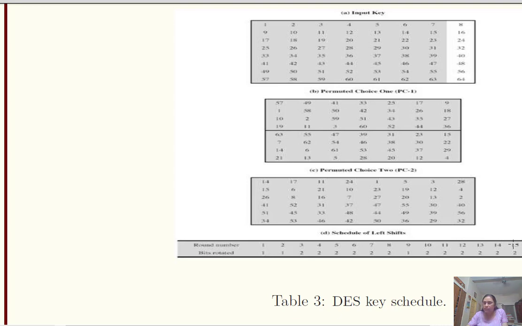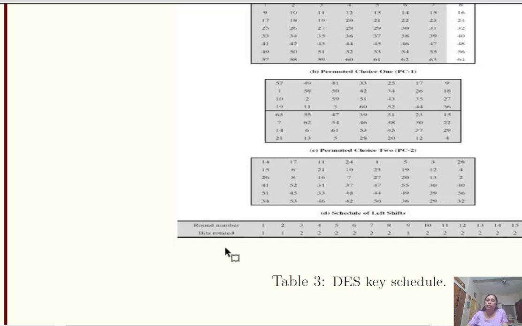You have a total of 16 rounds. In the first row you have the round number, 1, 2, 3, 4 up to 16. For the first round, 1 shift is allowed for the circular left shift, for the second round also 1, for the third round 2, for the fourth round 2. It is specified.